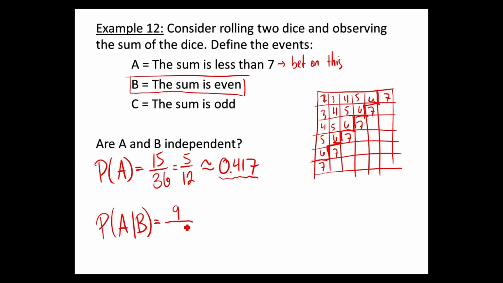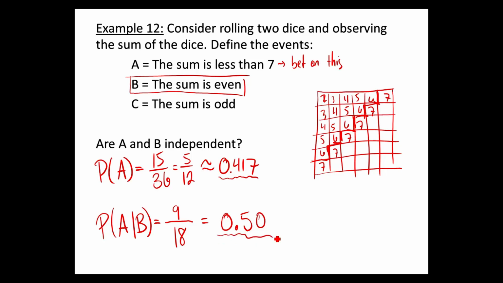If I tell you that the sum is even, then how many options are there for those dice? There's only 18. If I tell you that the sum has to be even, then there's only 18 possible ways those 2 dice can land, because all of the odd numbers are out of the question. We threw them out, right? So there's 9 ways to do it out of 18. So what's your probability of winning now? 50%. Right?